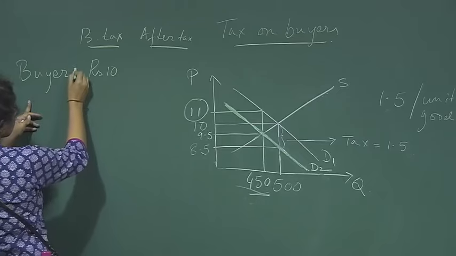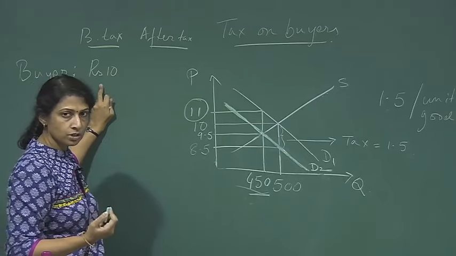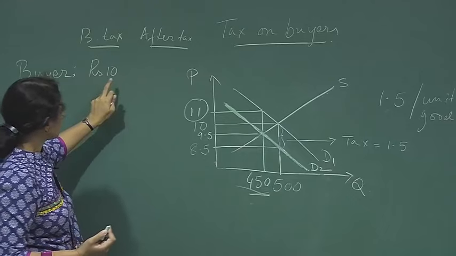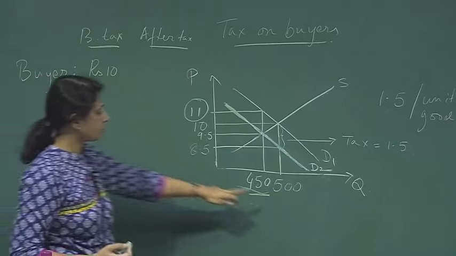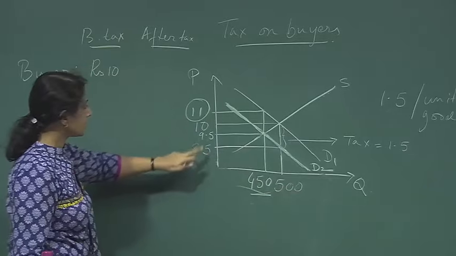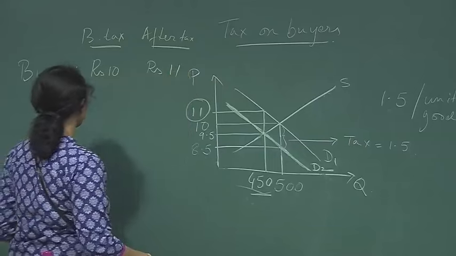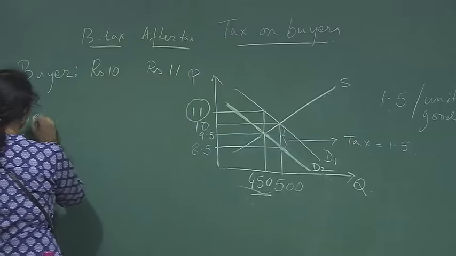Before tax, the buyer was paying rupees 10 to the supplier and buying 500 units, and after tax he ends up paying rupees 11. What about the seller?